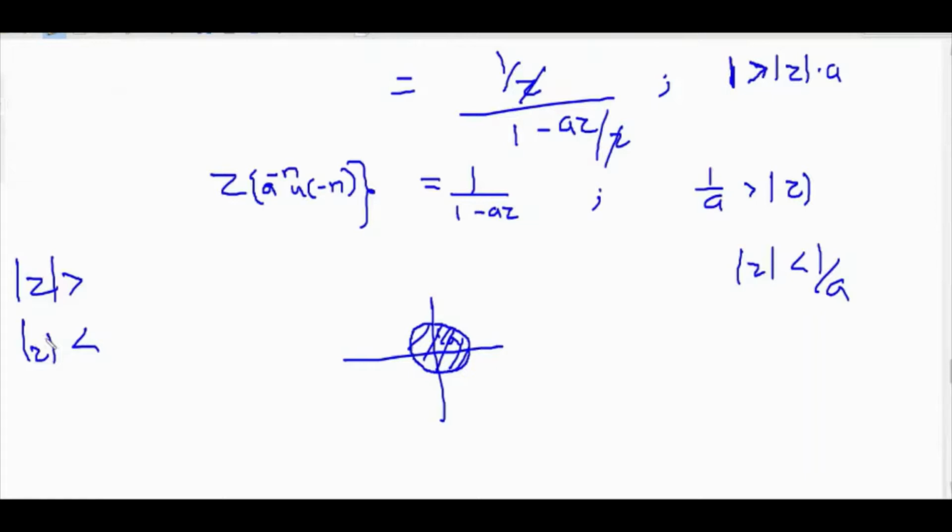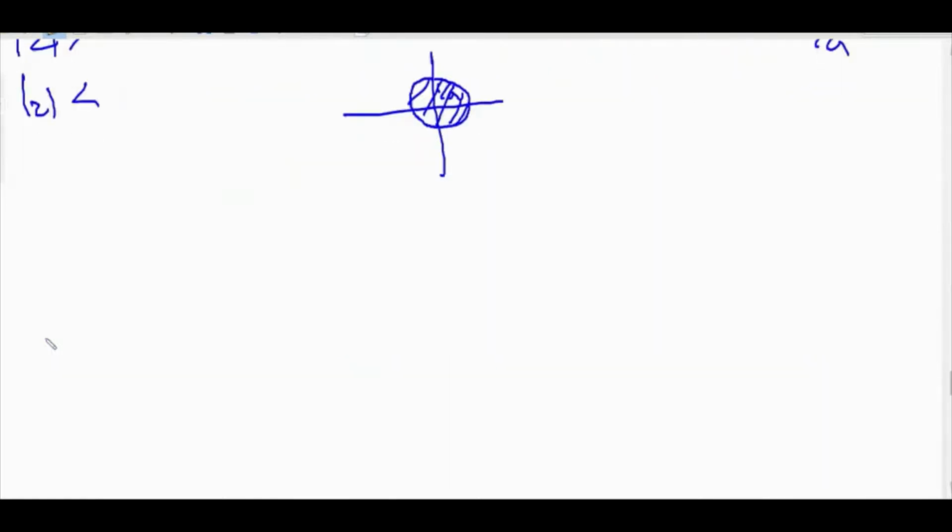Okay. Now what will be z transform of minus 2 raised to n u of n? Here no need to apply the time reversal property, because with n there is no negative sign. This is the amplitude negative sign. So its answer is simply minus z upon z minus 2.